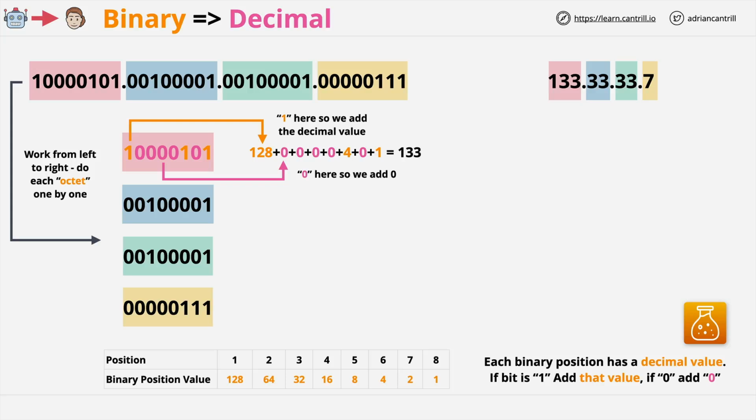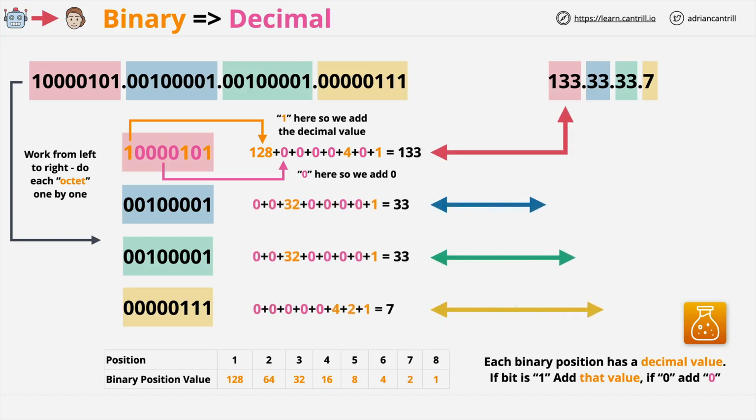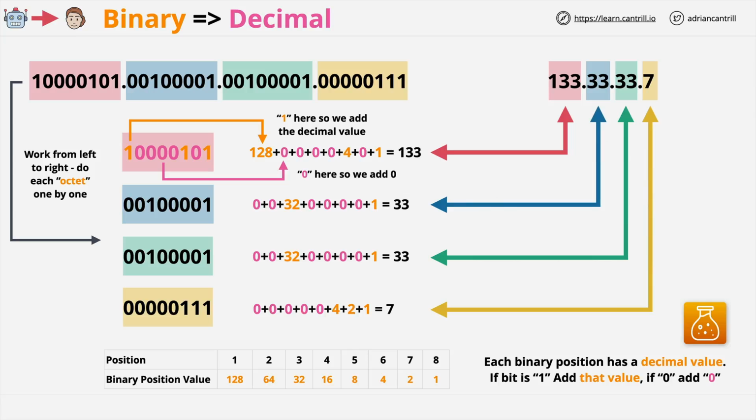Then we have another 1, so we look at the table at the bottom for the corresponding binary position value, in this case the number 4, so we add that. Then we have a 0, so we put 0, and then we have another 1, so we again look for the corresponding value in the table, which is a 1, and we add all of those together to get the result. In this case, 133, so this represents the first part of the IP address.